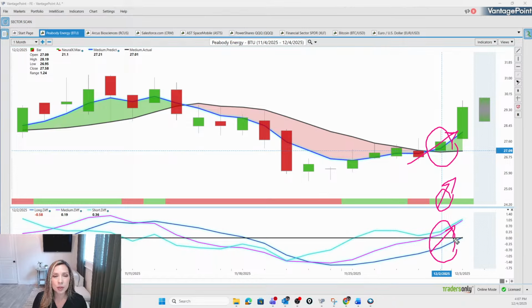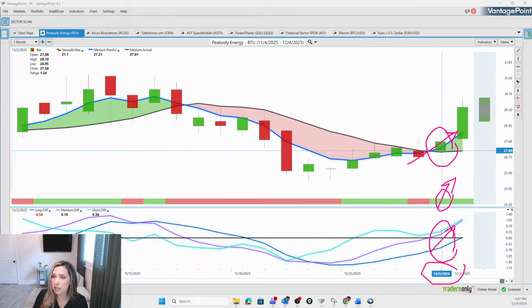Nice confluence between the indicators is going to give you confidence as a trader to make an informed decision for your trade plan and trade strategy. So let's see where this is expected to continue moving over the next couple of days. This on 12/2 would have been our first signal for potential bullish entry here in this example.